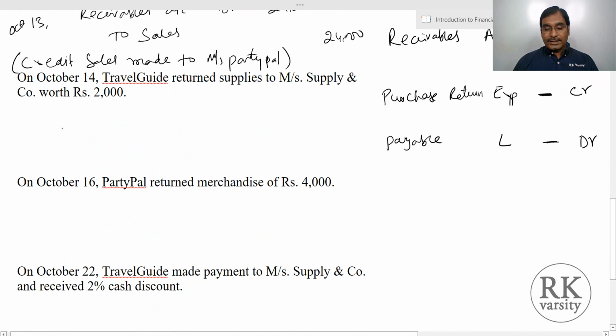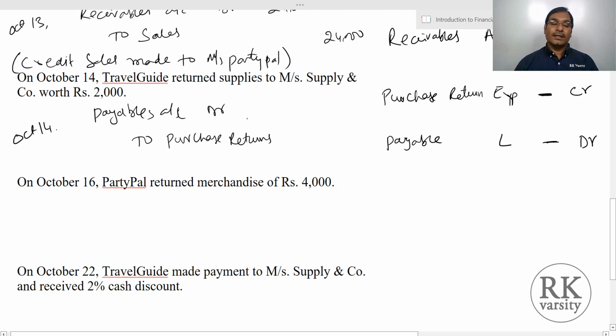The entry will be, that is your general transaction on October 14th. So which account is to be debited? That is payables. Payables account debtor to purchase returns, or you can say return outwards also.